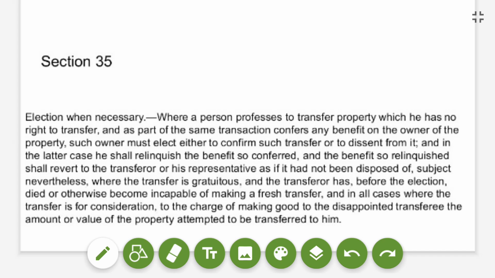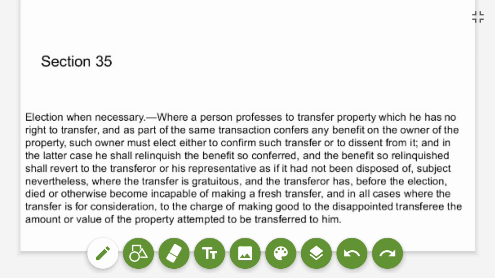Subject, nevertheless, where the transfer is gratuitous and the transferor has, before the election, died or otherwise become incapable of making a fresh transfer, and in all cases where the transfer is for consideration, to the charge of making good to the disappointed transferee the amount or value of the property attempted to be transferred to him.